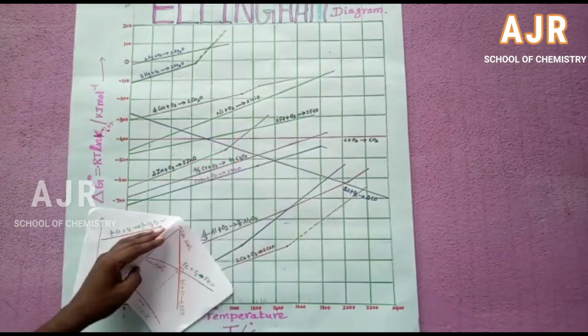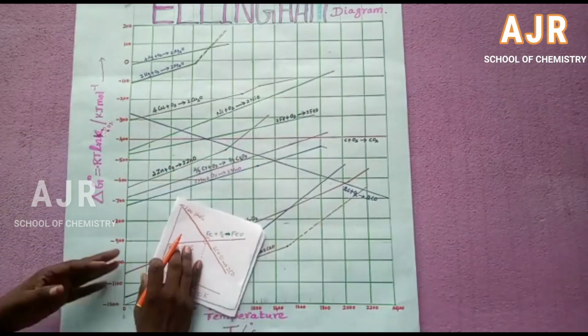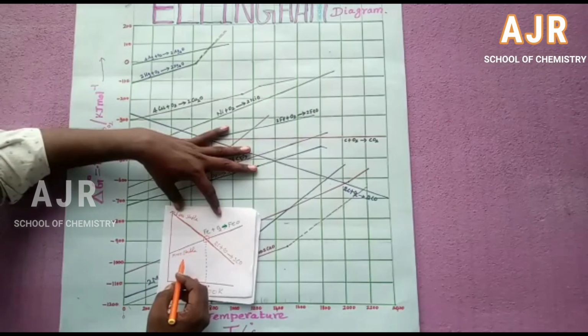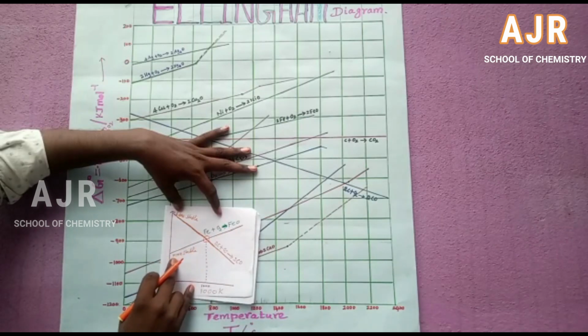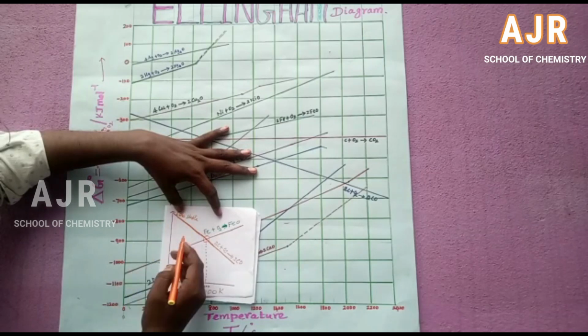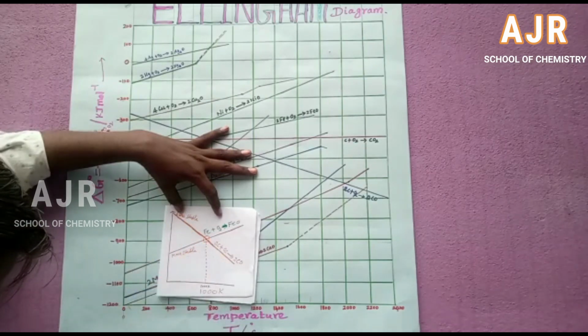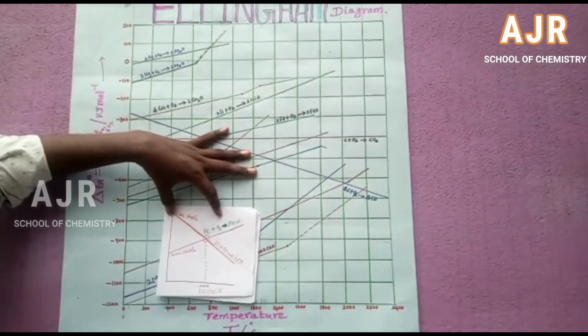So if you consider that concept, below 1000 Kelvin, the FeO line is lying below and the CO formation line is lying above, which indicates that FeO is more stable than CO. The reduction is not thermodynamically favorable.